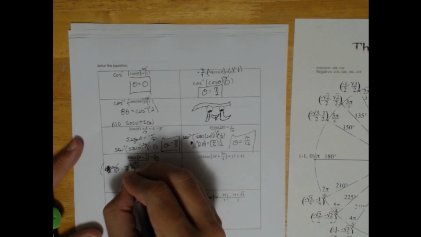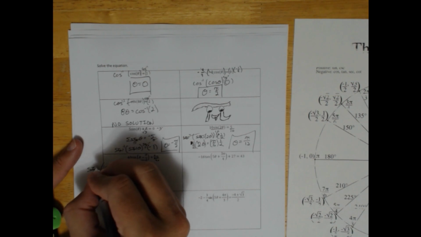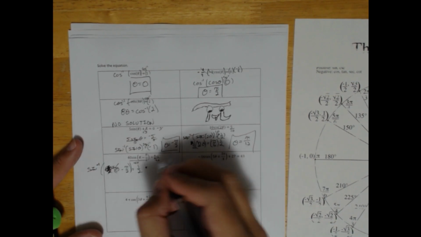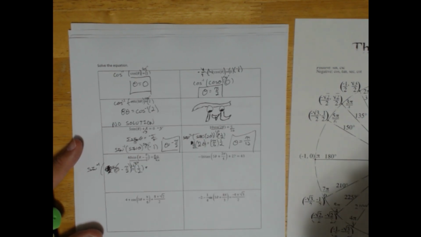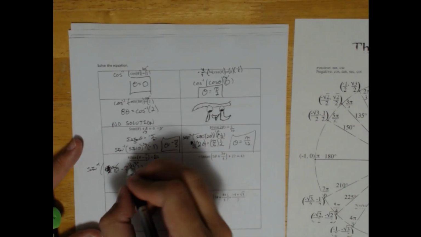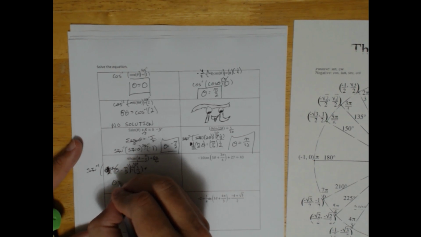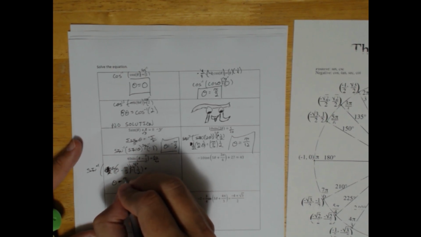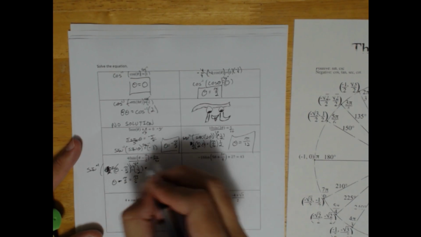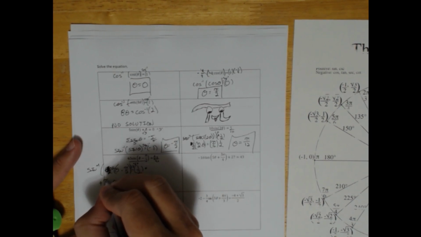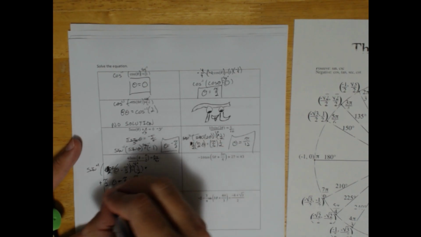Inverse sine of both sides. And inverse sine of 1/2 is still pi over 6. So we get theta minus pi over 2 equals pi over 6. So we need to add pi over 2 to both sides.